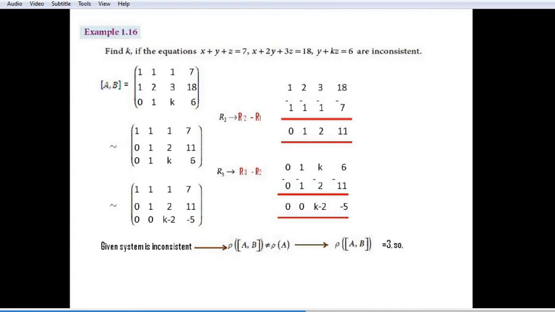Since it is inconsistent, rank A should be 2. To make rank A equal to 2, the third element of R3 should be equal to 0. That means k minus 2 should be equal to 0. Then k equals 2.